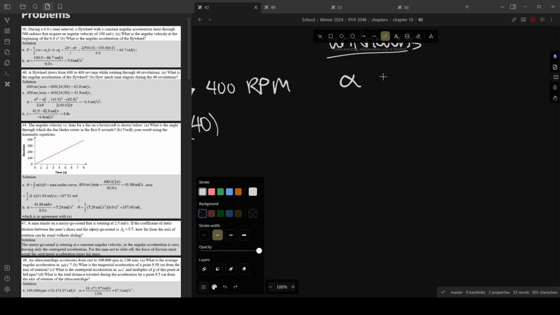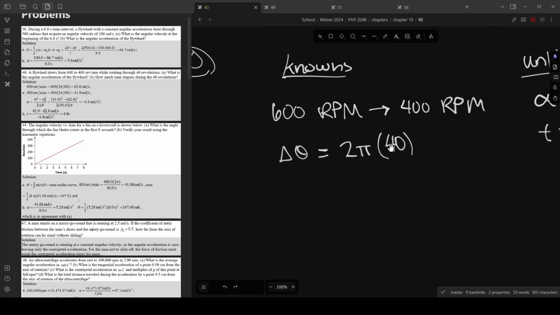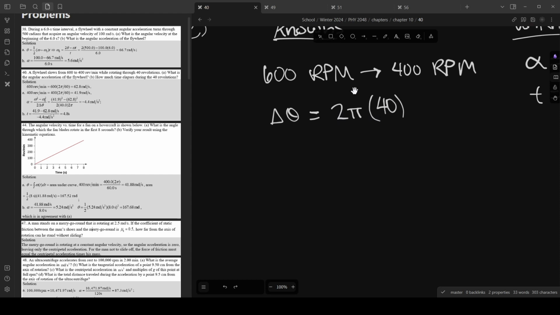So our alpha, Greek letter here, is our unknown, as well as our time during 40 revolutions. That's an unknown as well. So those are our two unknowns. We know our delta.